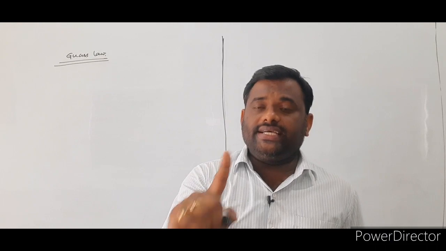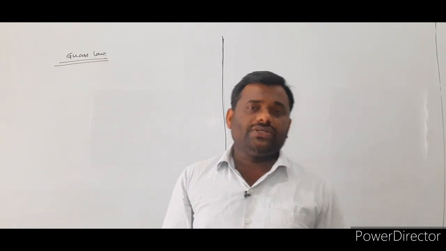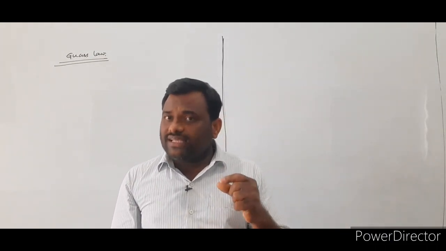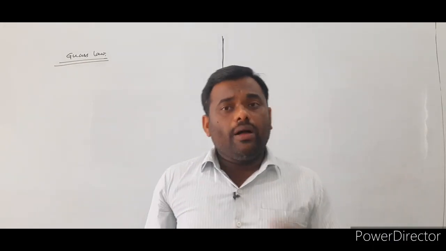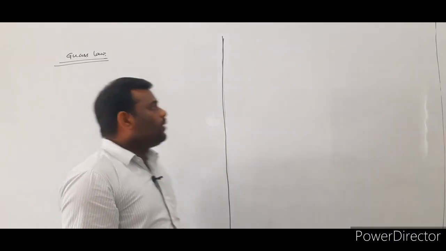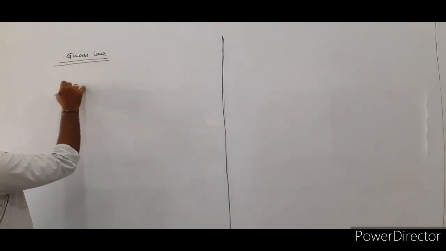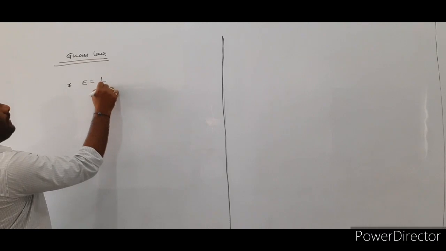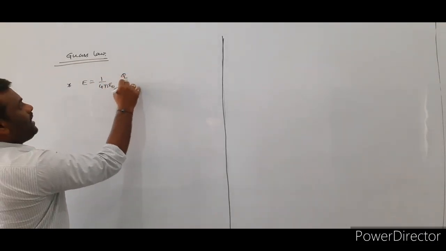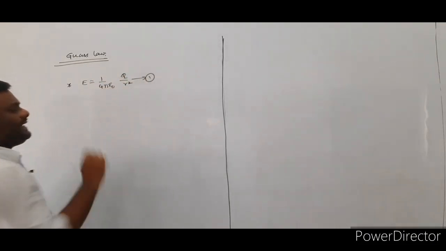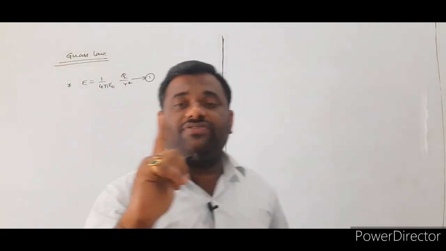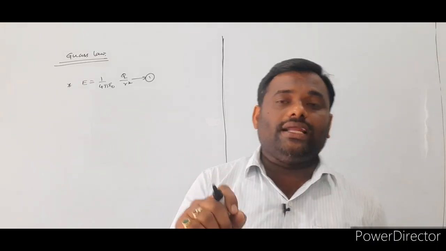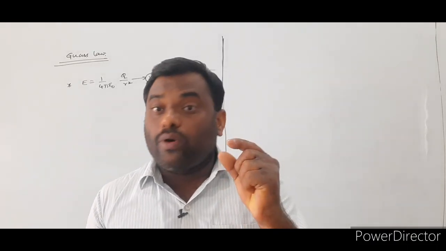Previously we discussed the concept of point charges. Point charges produce an electric field, and to find the electric field intensity produced by point charges, you have a formula: E is equal to 1 by 4 pi epsilon naught Q by R square. You use this formula when you consider strictly point charges.